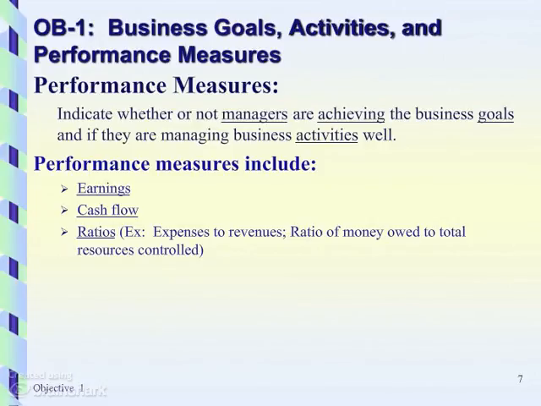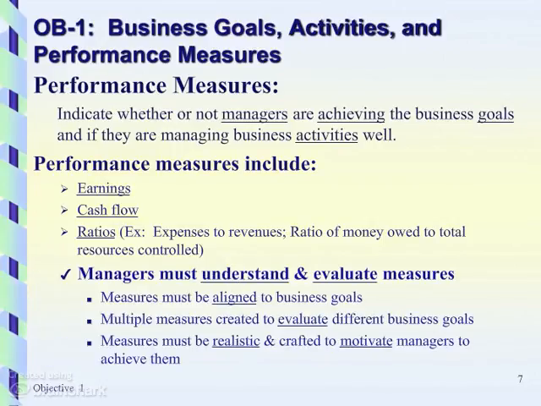So for instance, a business might have a certain profitability goal, or they might have a certain cash flow goal. If you remember, we talked about profitability, okay, previous slide, and we talked about cash flow in terms of liquidity. And the ratios will help to determine whether they're meeting earnings and cash flow goals.